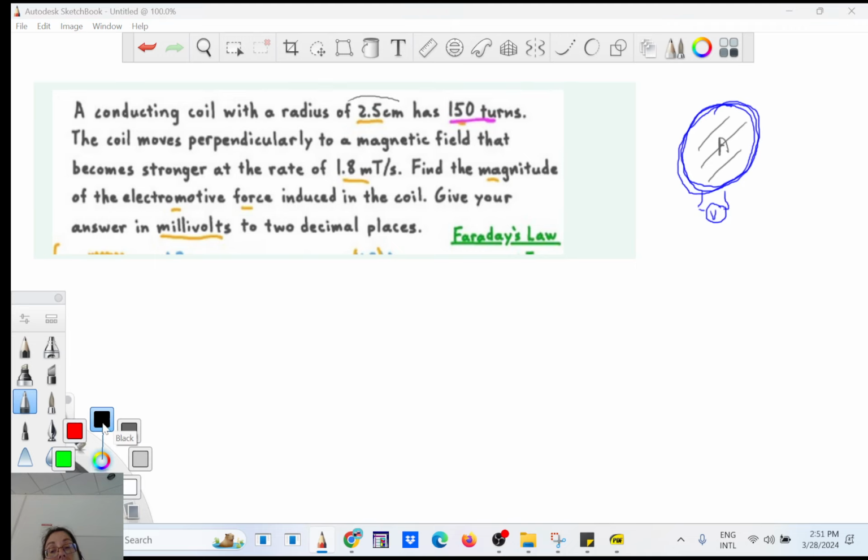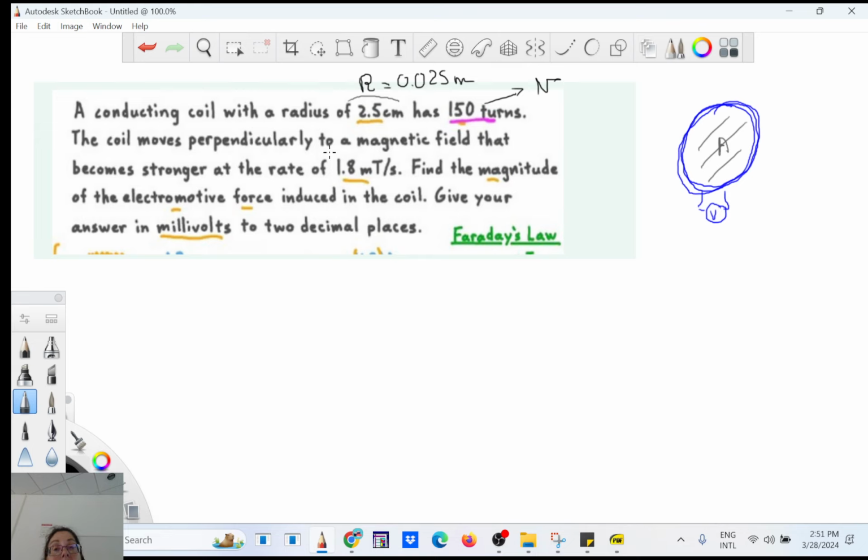Okay, so try to do it without me. So that will be the radius, 0.025. So right away you want to convert to meters. Okay, so you catch all the physical quantities, so that will be the number of turns.